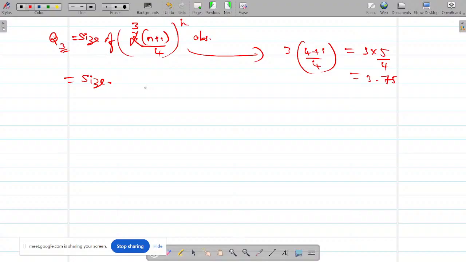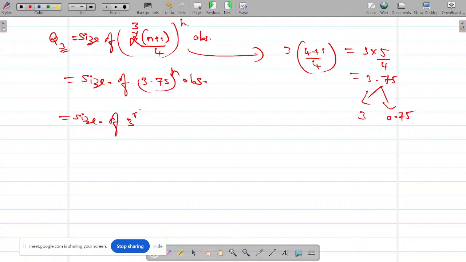Am I right? Okay, so this is size of 3.75th observation, which can be taken as 3 plus 0.75. So this is size of third observation plus 0.75 of fourth minus third observation.